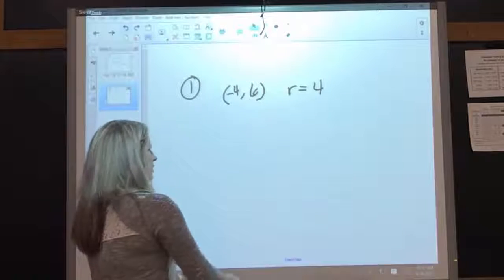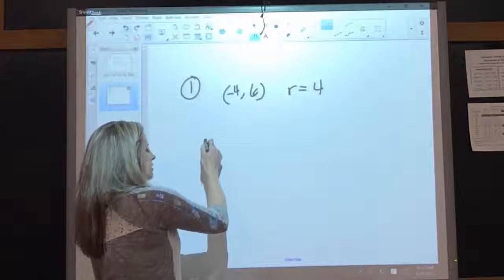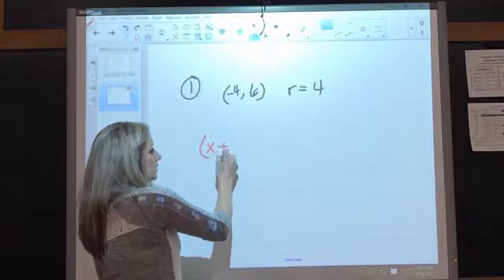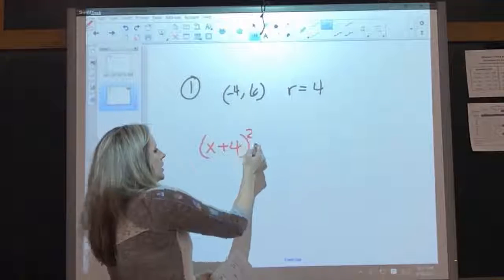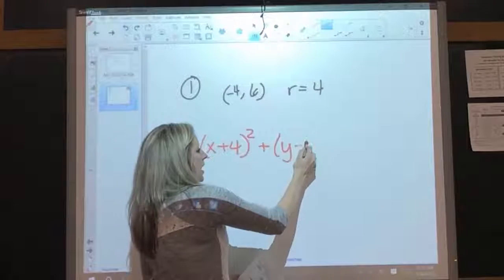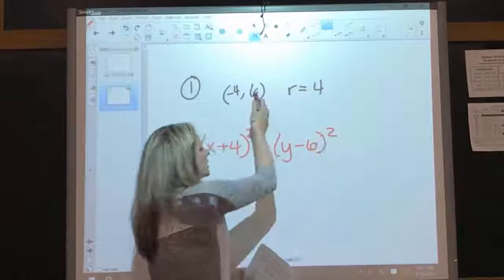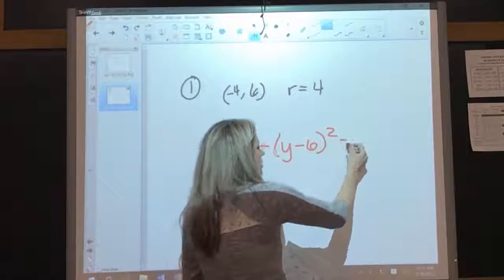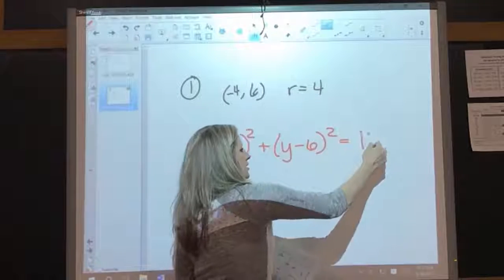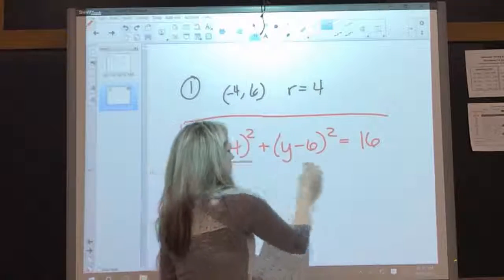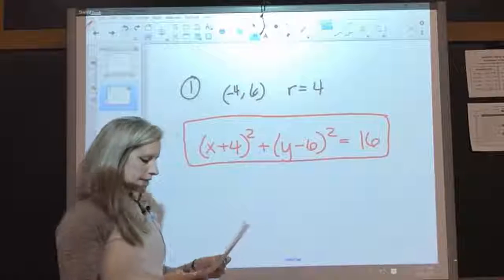So my center is negative 4, 6. My equation is going to be x plus 4 squared. You always want to do the opposite. Plus y minus 6 squared, take the opposite, equals r squared. So 4 squared is 16. So that's what we did yesterday.